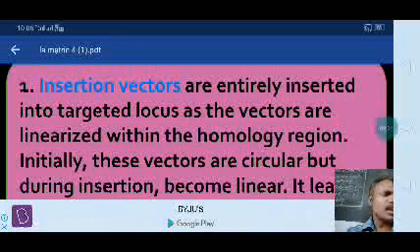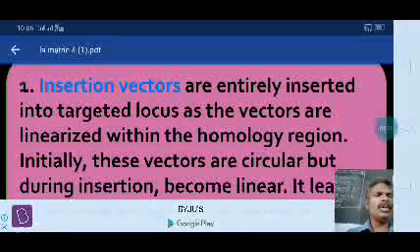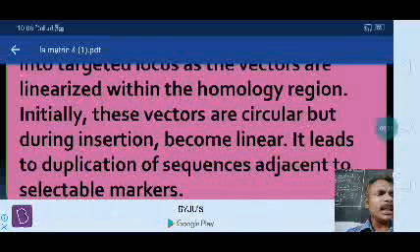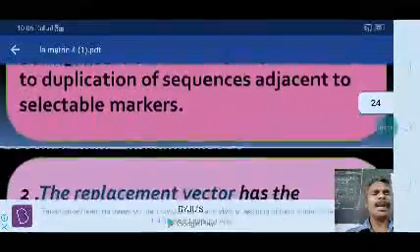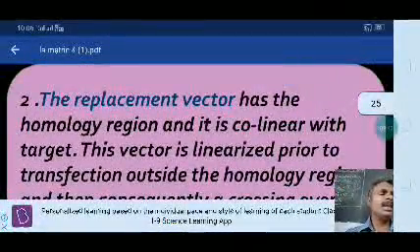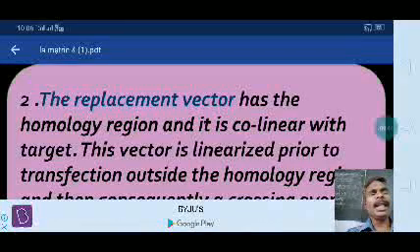Here the DNA is mostly circular in nature in a plasmid condition. Initially these vectors are circular, but during insertion they become linear. It leads to duplication of sequences adjacent to the selectable markers. That is called insertion vectors. You can use the plasmids in a linear manner.